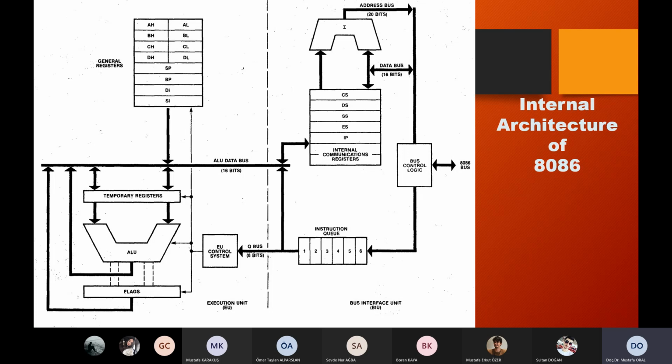It looks amazing. I mean, if you think about it, it is really amazing that with simple operations you can do complex operations. So let's continue.